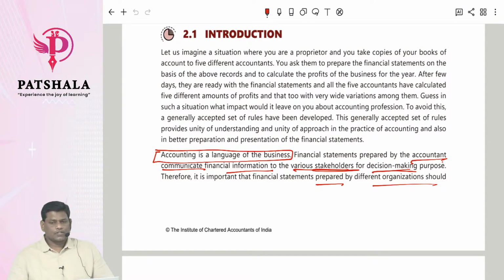These are generally accepted set of rules which have been developed for preparation and presentation of financial statements.